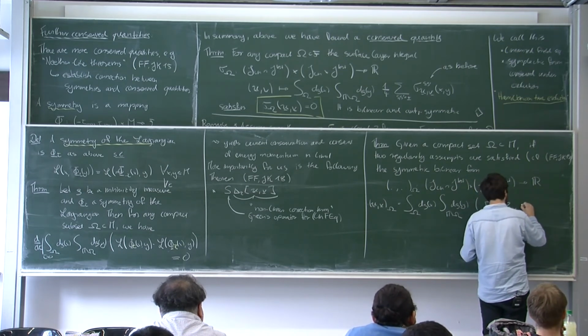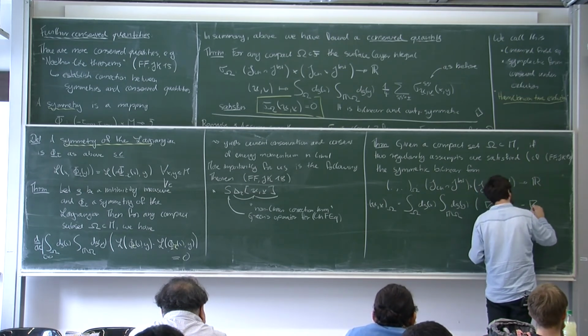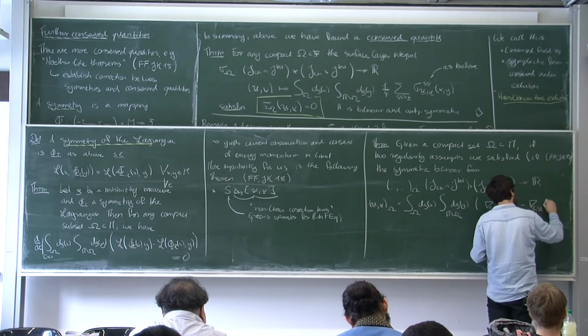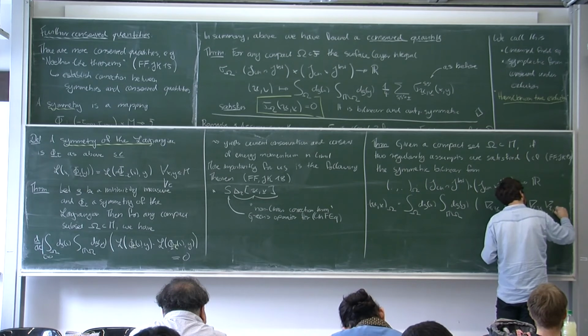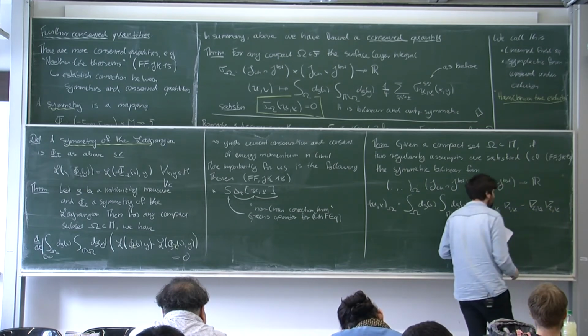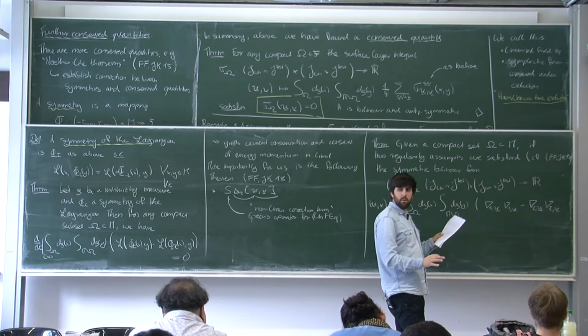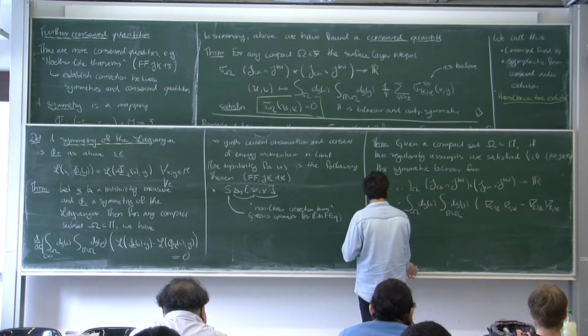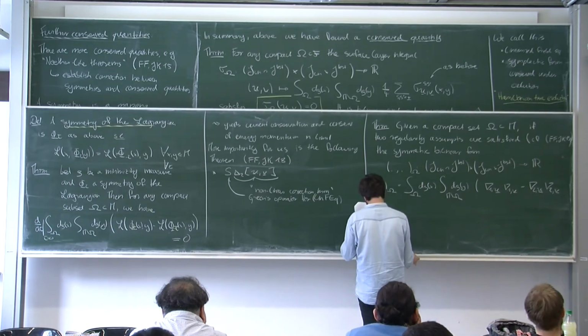And I subtract from that the Fréchet derivative in the direction of u on the second argument times the Fréchet derivative in the direction of v on the second argument. Okay, so far so good. But now there are two more terms involving those nonlinear correction terms.